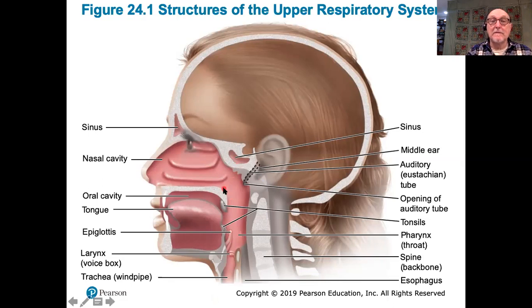The lower respiratory tract begins here. This is the pharynx here. And the one part of the upper respiratory tract that we often forget about is the eustachian tube, which leads to the middle ear, which are really part and parcel of the upper respiratory tract.